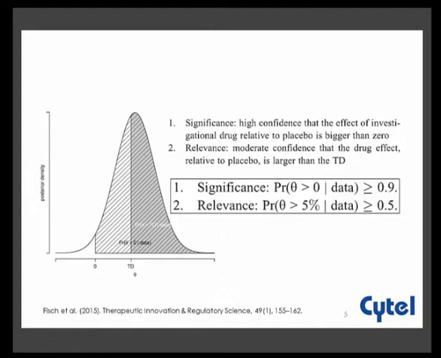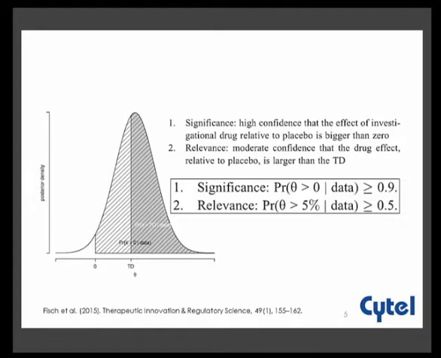The first one they label as significance, which implies high confidence or posterior probability that the effect of the drug is better than zero. And the second threshold they label as relevance. So I guess this is clinical relevance, where they want to be moderately confident that the effect is larger than some target, in this case 5%.